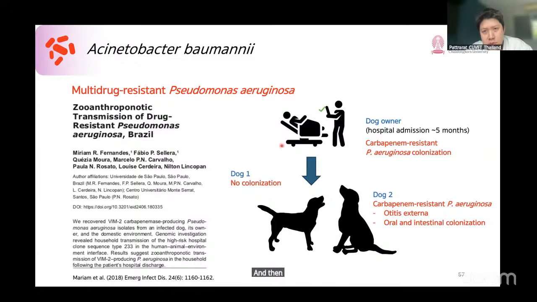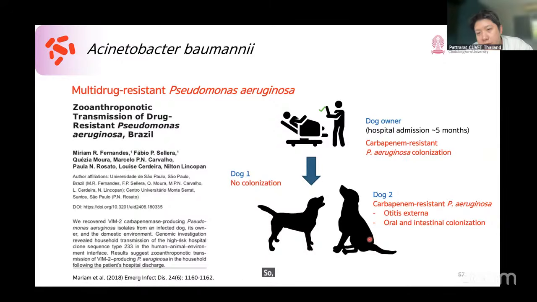And then when the owner was discharged and stayed at home, one of the dogs developed otitis externa. This is the inflammation of the ear.